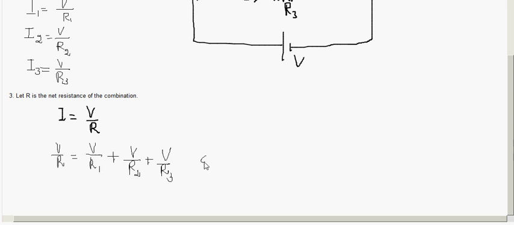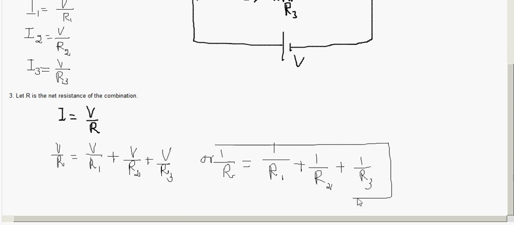Cancelling V, we get 1 by R is equal to 1 by R1 plus 1 by R2 plus 1 by R3. So the total resistance in parallel combination is given by 1 by R equals 1 by R1 plus 1 by R2 plus 1 by R3.